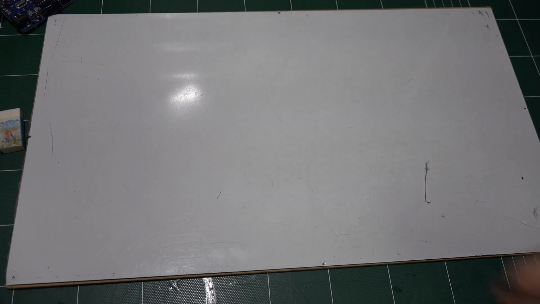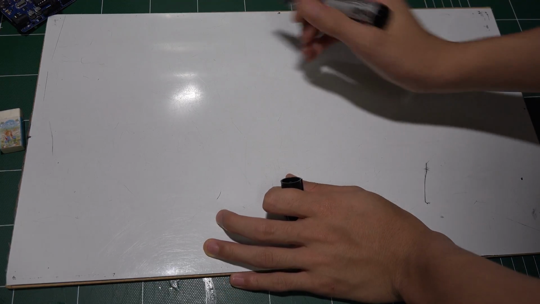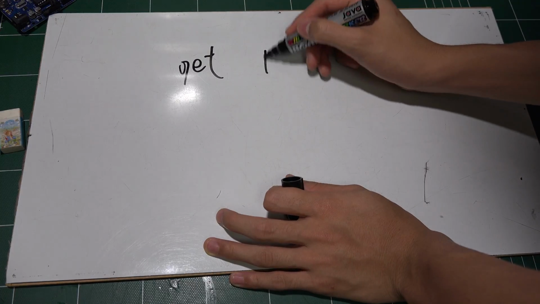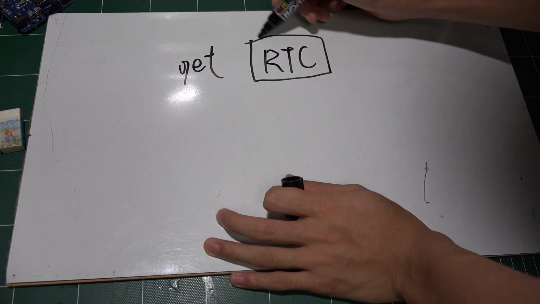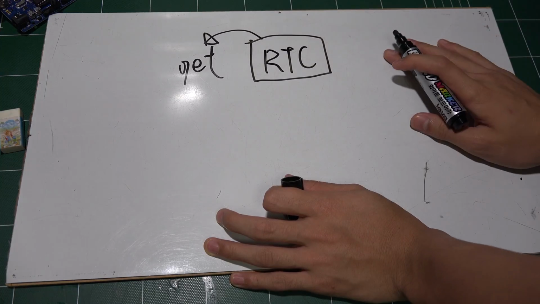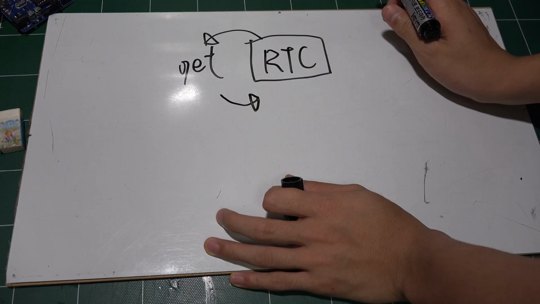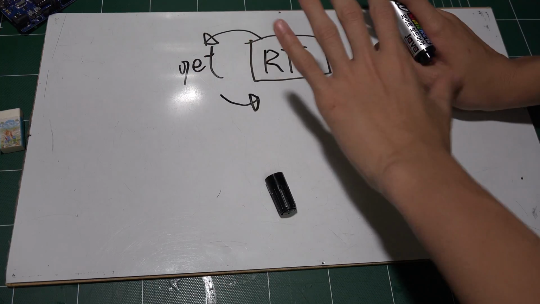Before starting the program, I will talk to you about something. If you get data from the RTC module, and if you want to get some information or send information, you have to define what will communicate.